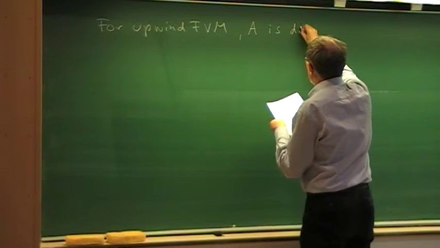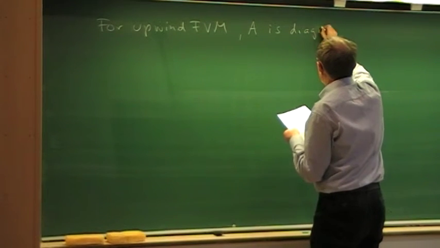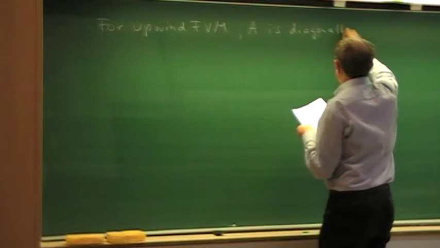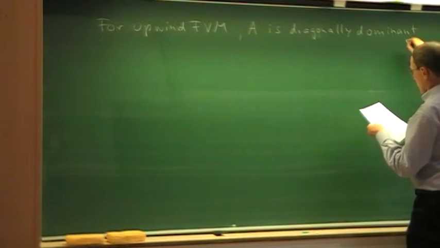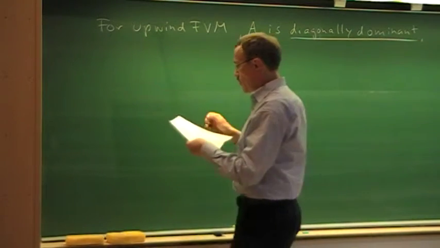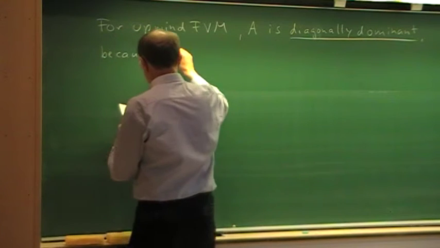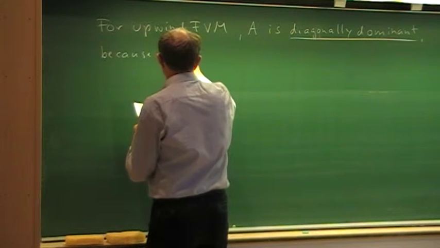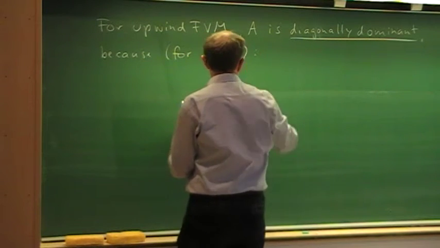A is diagonally dominant. That is because, and we shall now do the analysis to simplify it for SP equal to 0.